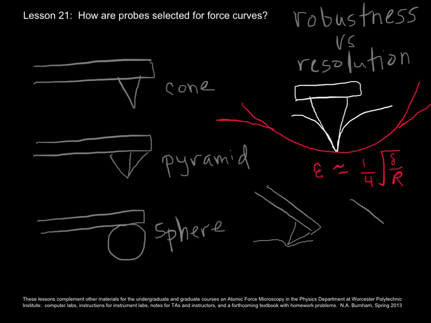And so in that sense, it's nicer to use a sphere where it doesn't matter which angle the sphere comes down, it will still be making a circular contact with the surface. However, despite the circular contact, the force will still be at a non-normal angle, and depending on the material, that may or may not be important.